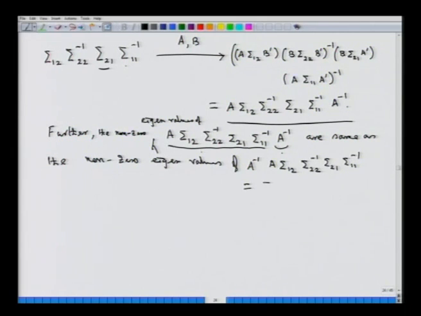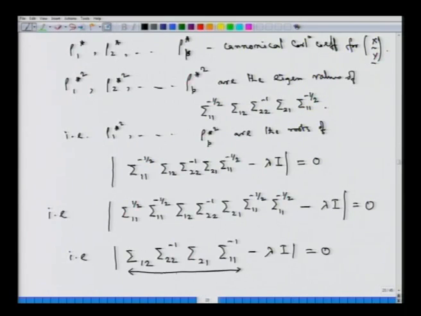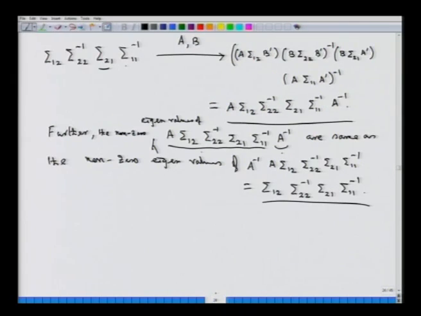Now, what is this? This is just equal to sigma 1 2 sigma 2 2 inverse sigma 2 1 sigma 1 1 inverse. Now, if we look at the previous slide, the eigenvalues are rho 1 star square, rho 2 star square and rho p star square, and hence if the non-zero eigenvalues in the transformed situation are the same as those of this particular matrix, what does that imply?